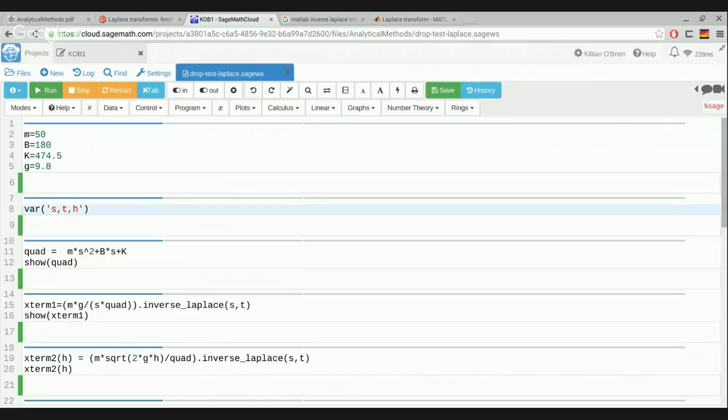This command var sth just gives us symbolic variables s, t and h. So in the solution, we see we've got this quadratic polynomial ms squared plus bs plus k. So I just define that here.